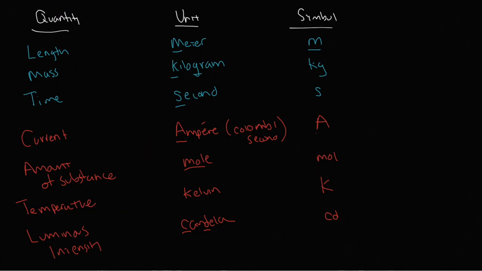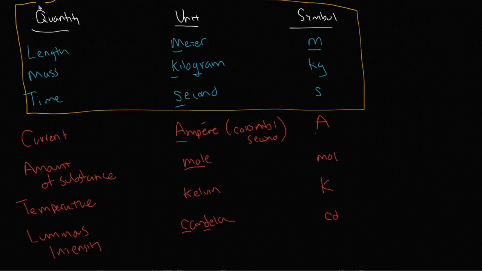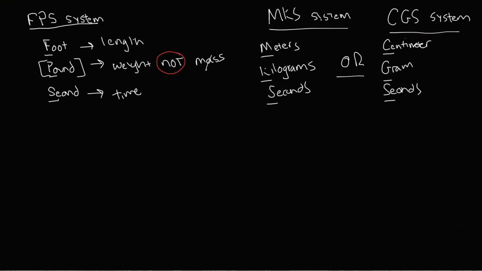This is an important table because it shows the first 3 important units that we've been talking about: length, mass, and time. The MKS system, as shown here, is different from the FPS and CGS.